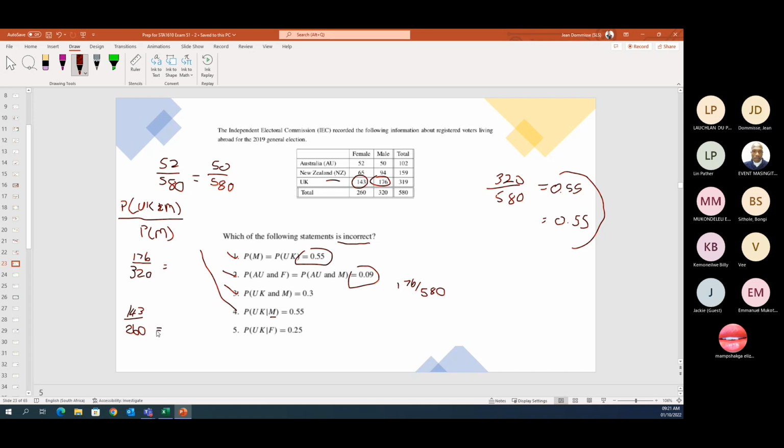Okay, so exactly the same: UK and female is 143, but we divide by the probability of only the females, which is the 260. So one of them needs to be wrong. The 176 divided by 320. Let's look, we need to get to 2 decimals. So that is 0.55.